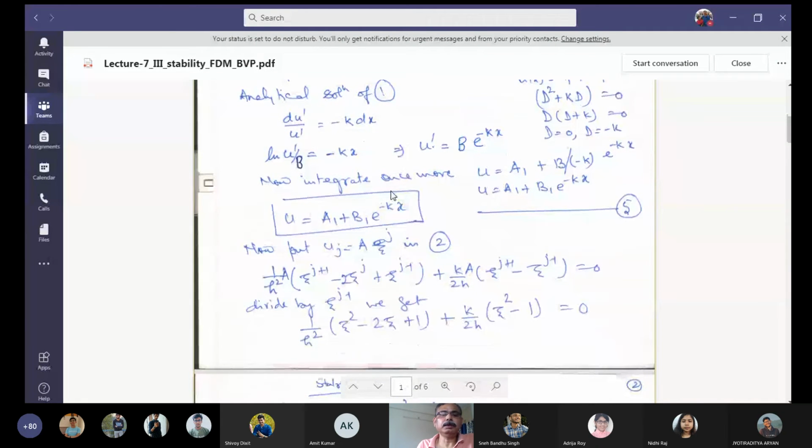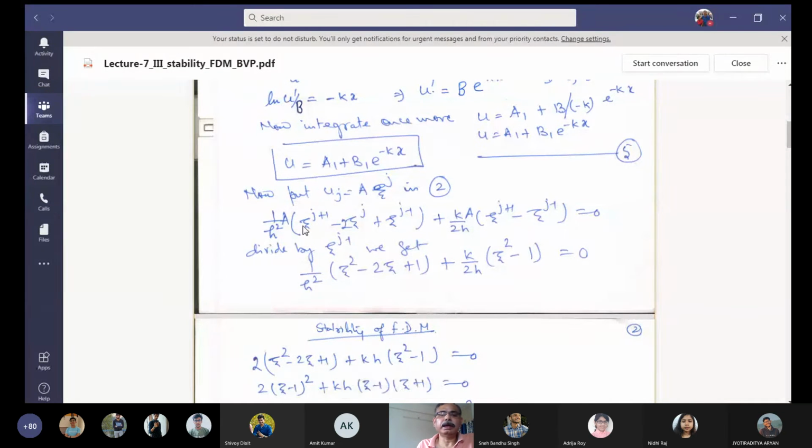You see, I have just put a into xi to power j. So first term was uj plus 1. So it is xi to power j plus 1 minus 2 xi to power j, plus uj minus 1, so xi to power j minus 1. Similarly, it is the central one. So xi to power j plus 1 minus xi to power j. The other coefficients are there. Divide by xi to power j minus 1.